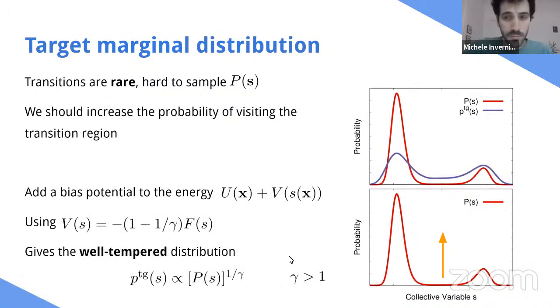Another way that is used mainly with metadynamics is to define instead a well-tempered distribution, where you just add this factor here, and your target distribution still has what you want. So the probability of crossing between the two states is much higher. And this is the definition of the well-tempered target distribution.